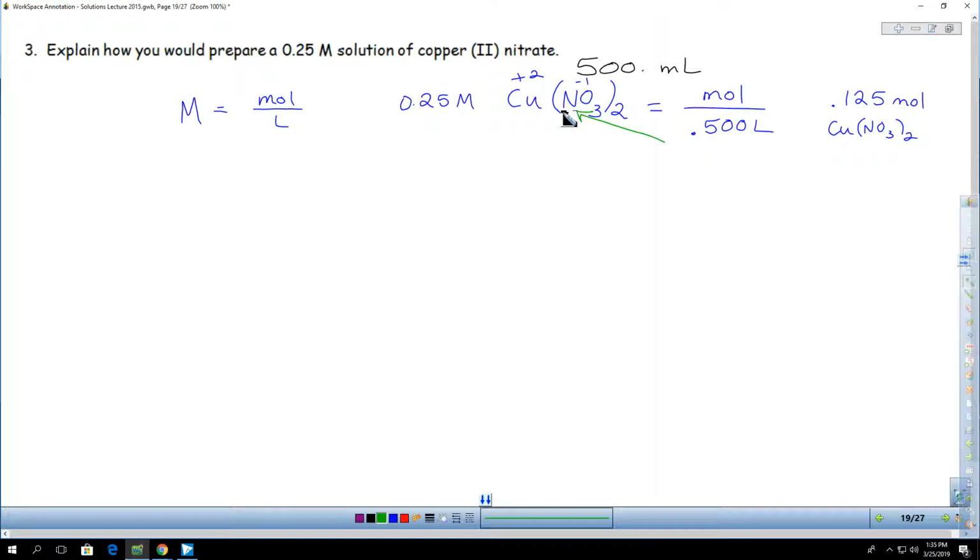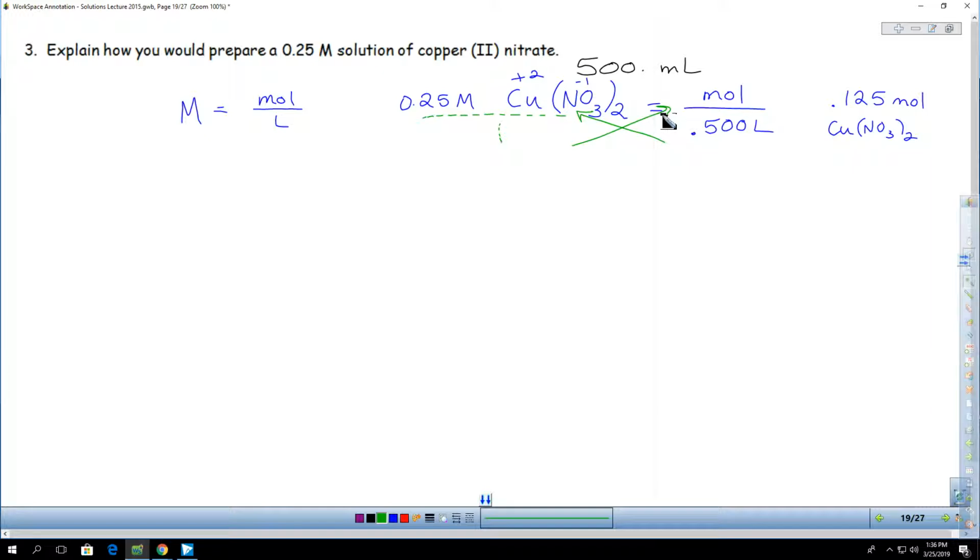This is an equality. So now I'm going to cross multiply. And it's as if I'm pretending that this is over 1. So if I cross multiply, I get 1 times moles equals 0.5 times 0.25. Oh, algebra. It's good stuff.